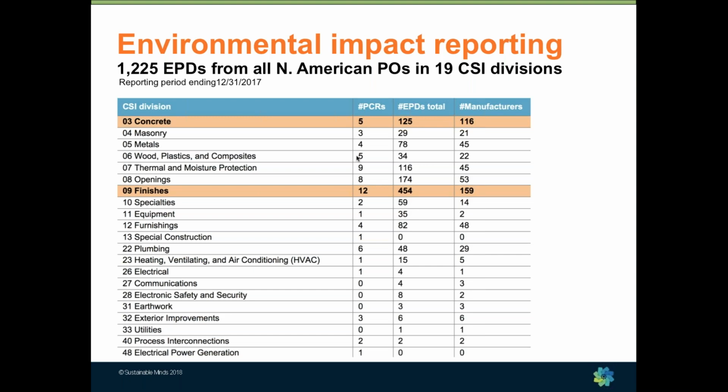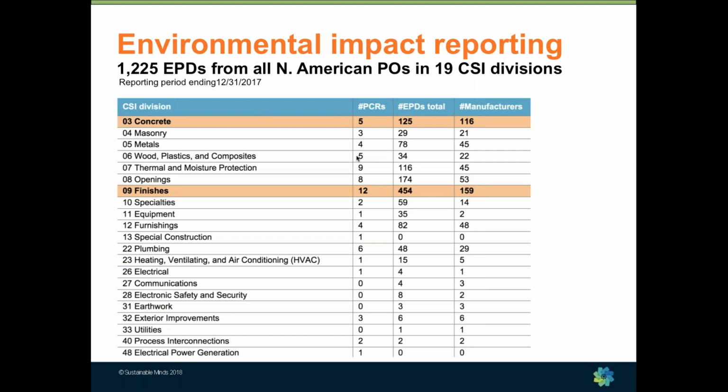And at this point in time, there really are enough manufacturers across enough divisions that a pretty substantive portion of a building can be specified. The products that are specified can be products that have transparency disclosures.